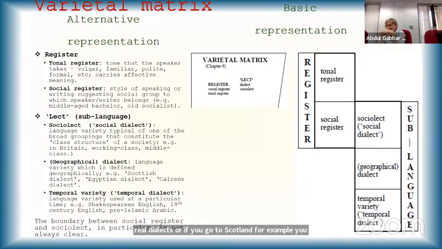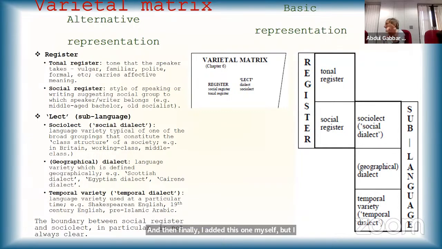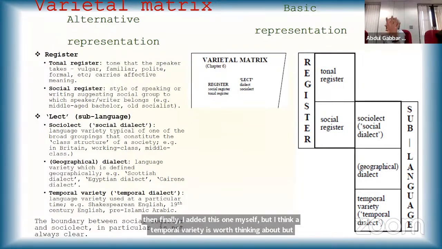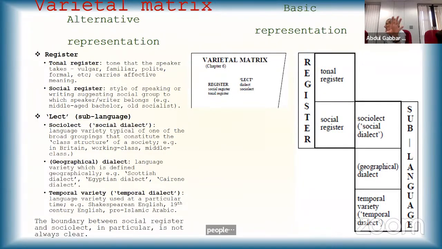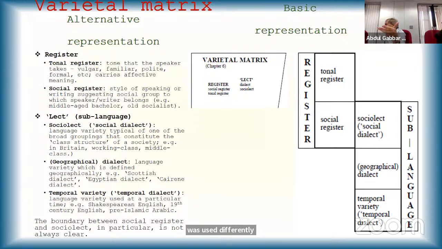And then finally, I added this one myself, but I think a temporal variety is worth thinking about, that people 100 years ago, 150, 200 years ago spoke differently. Words were used differently. I think presently was used differently 100 years ago, and I'm trying to remember what it was used for. Doesn't really matter.